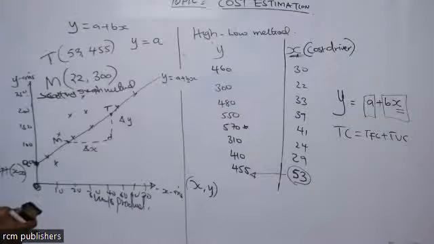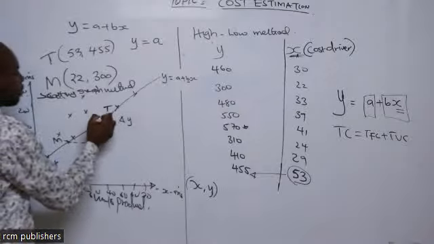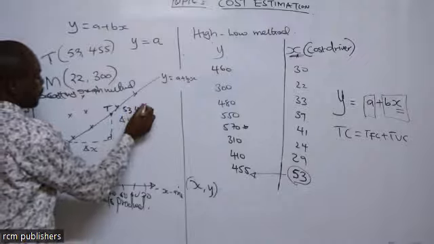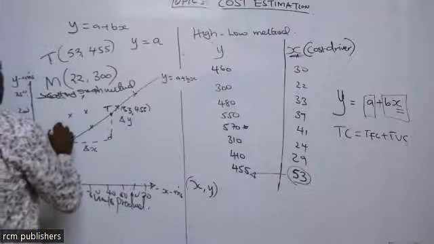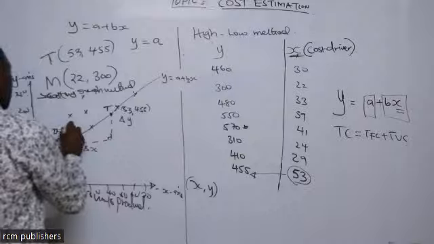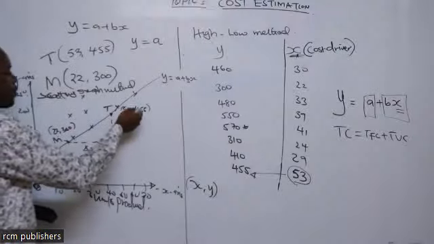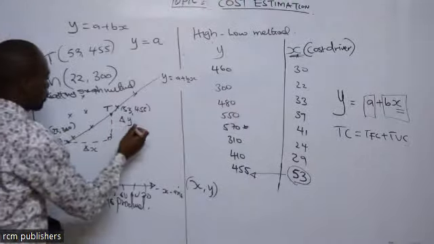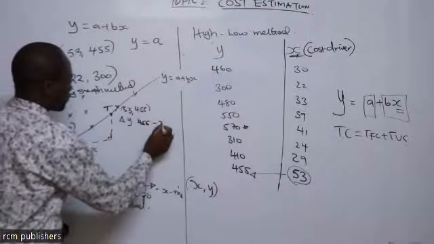How do we get change in y? The highest value of y at this point here, remember T is 53,455. M is 22,300. So we want to get change in y. Change in y is the highest value of y here minus the lowest value of y, which is going to be 455 minus 300.